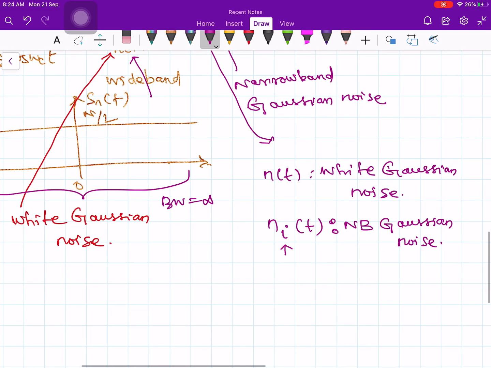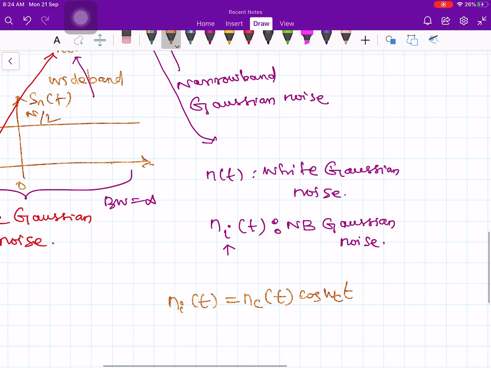Okay, recall this representation from the previous lectures. Probably before the amplitude modulation, I discussed this. So Ni of t is equal to Nc of t cos omega ct plus Ns of t sin omega ct. So this is my Ni.